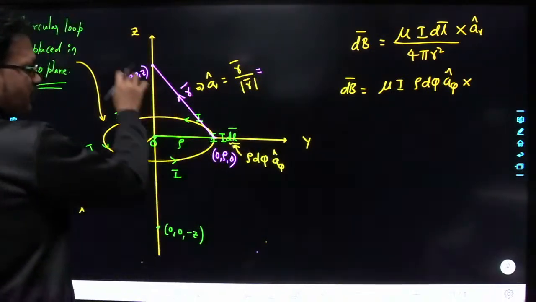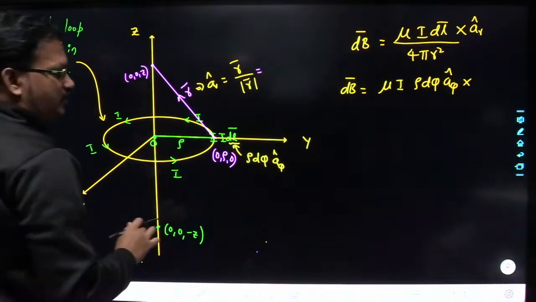Write down the vector that is pointing from this point to this point. Tell me what you are going to get.